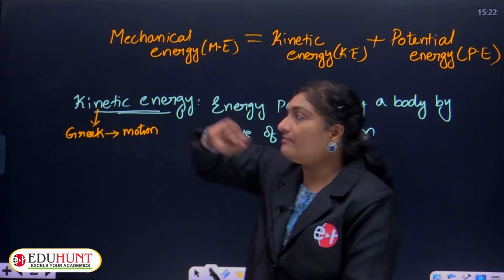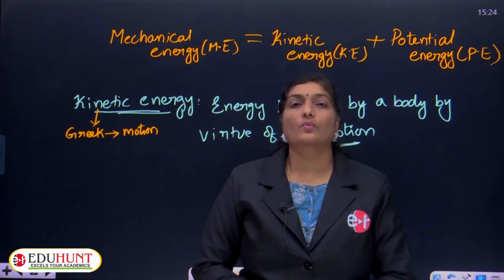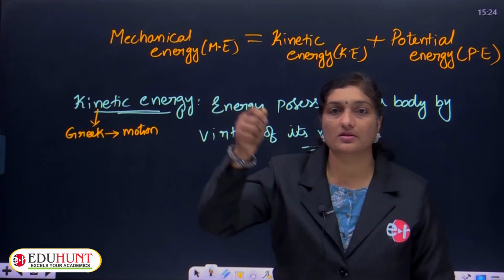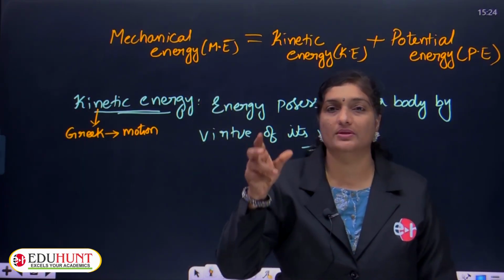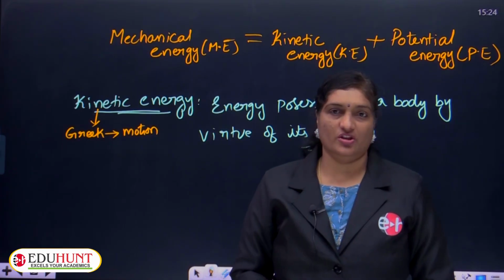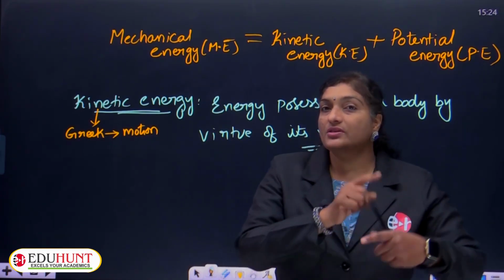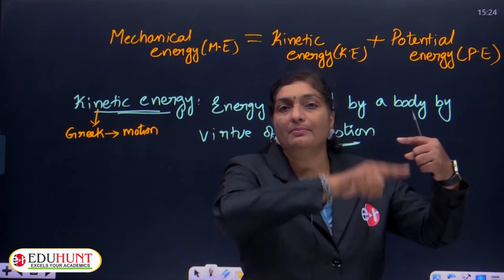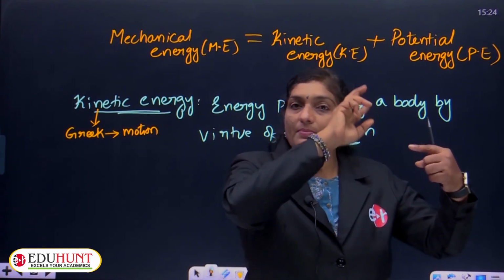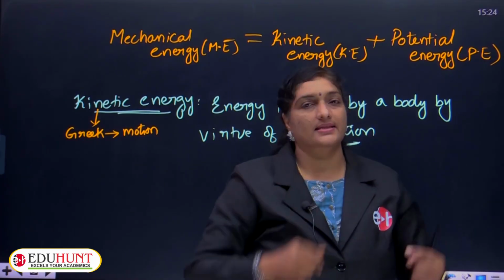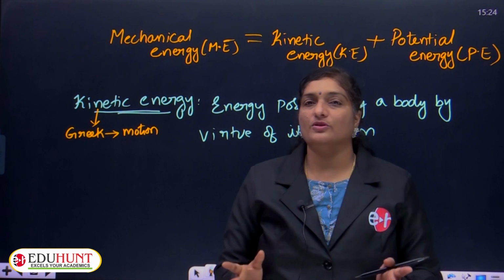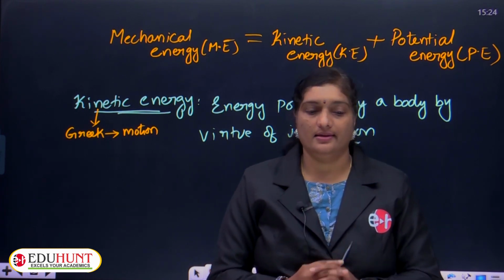Whenever we are hammering, the hammer will be moving, so this moving hammer also possesses kinetic energy. Even the blades of a windmill, whenever they rotate, also possess kinetic energy. So these are a few examples of bodies which possess kinetic energy.